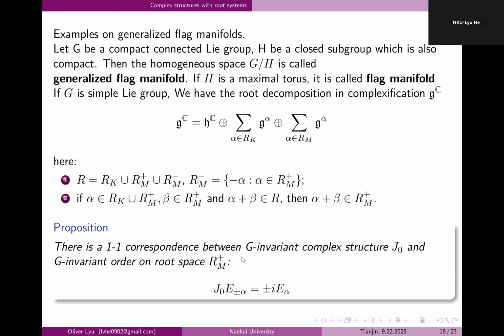There is a one-to-one correspondence between the G invariant complex structures and the G invariant orders on the root space R_M plus, which is nothing but a positive root system in this way. So as you can see, it just creates a complex structure here.